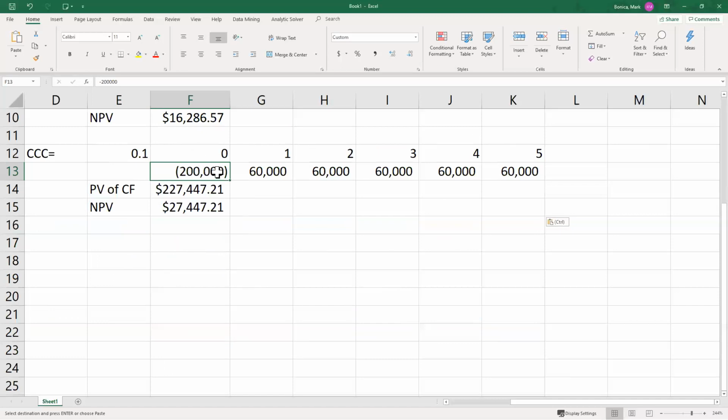Let's say it costs $200,000 today, and then the future cash flows are minus 50,000, minus 50,000. Just a small adjustment.